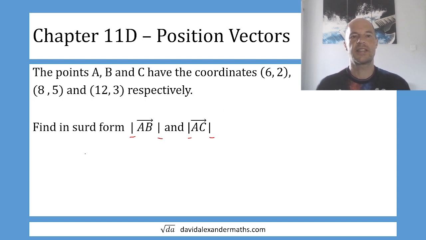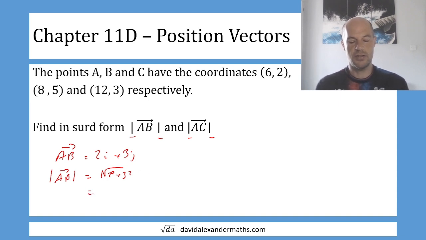So remember that AB was 2i plus 3j. Therefore the magnitude of AB is the square root of 2 squared plus 3 squared, which is root 13. So the magnitude of AB is root 13.